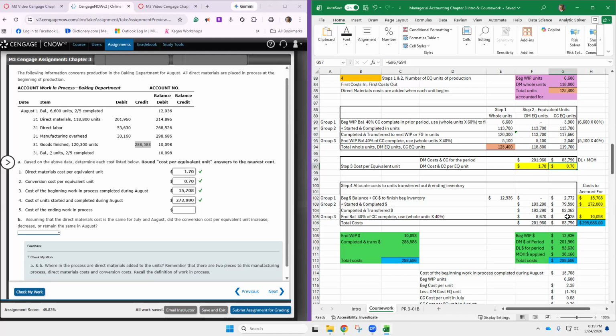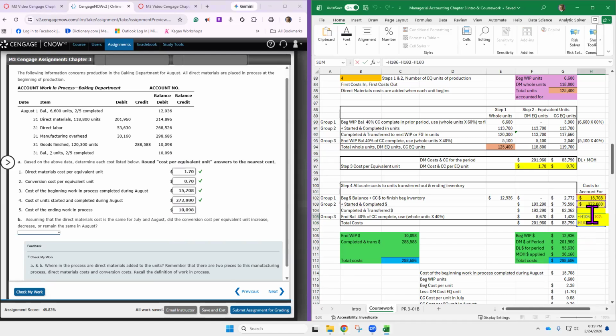When you add these two numbers together, by the way, they're telling you what your ending balance is. So you could key that in right away if you wanted. That's nice. But I went ahead and proved it.